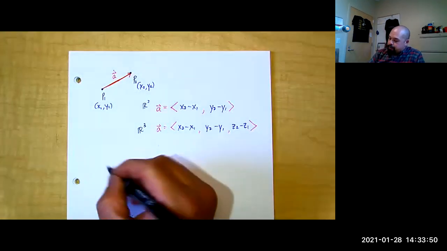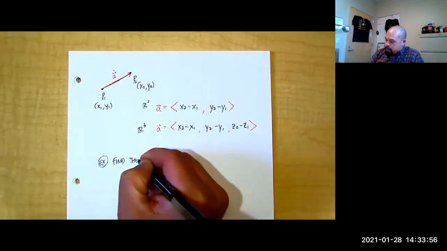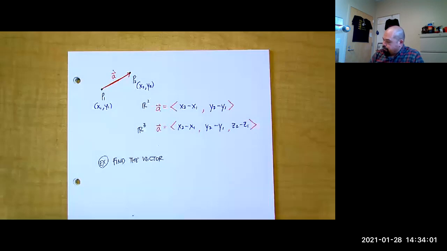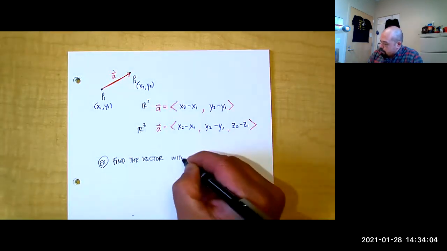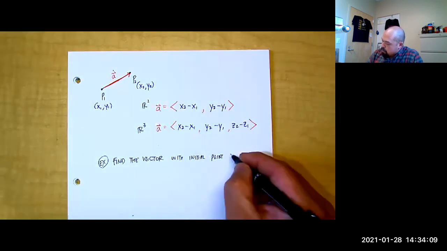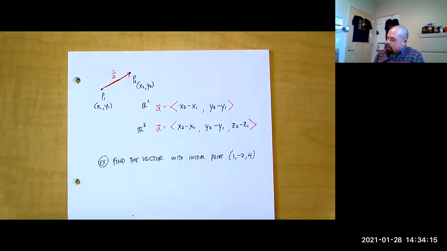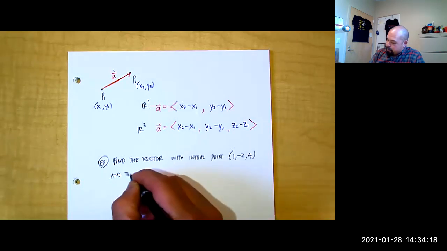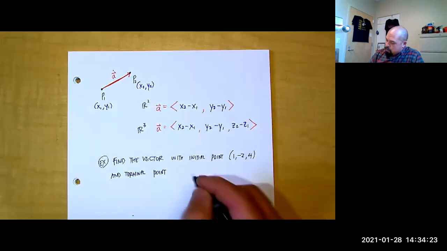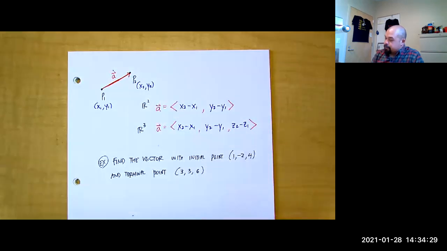So, for instance, here's an example. Find the vector with initial point (1, -2, 4) and terminal point (3, 3, 6).